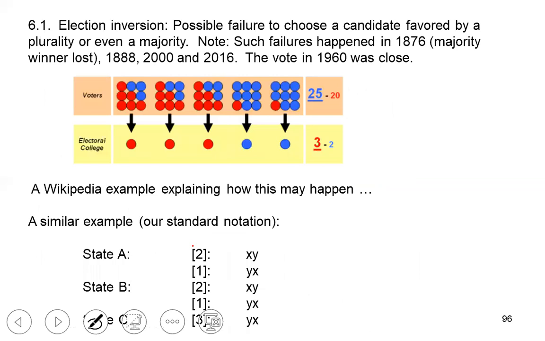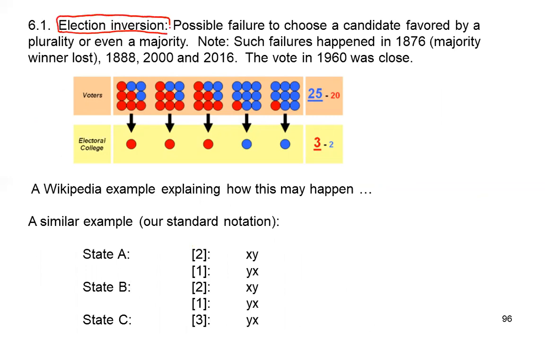All right, so now a real problem with the Electoral College is that election inversions happen. We call them election inversions, or electoral inversions. This means that a candidate who is favored by a plurality or even a majority may lose elections.